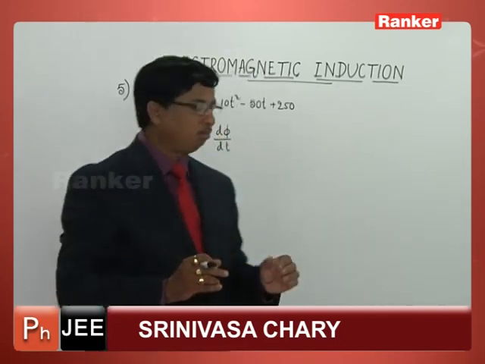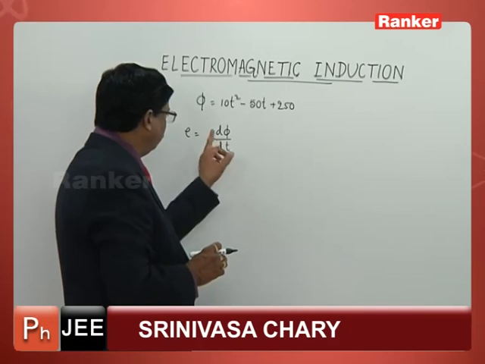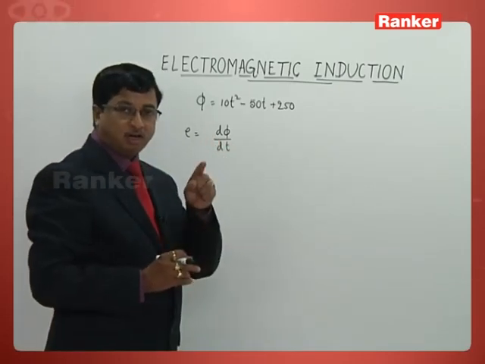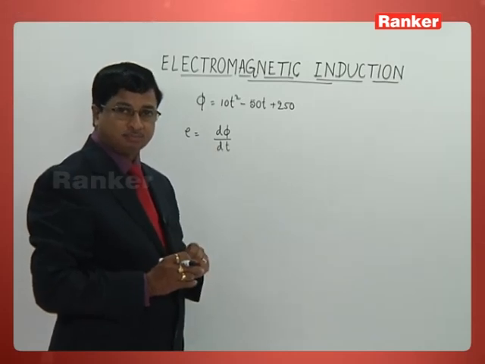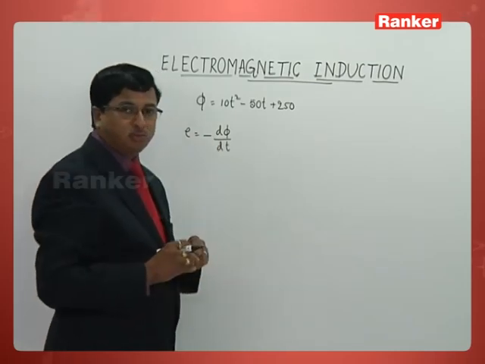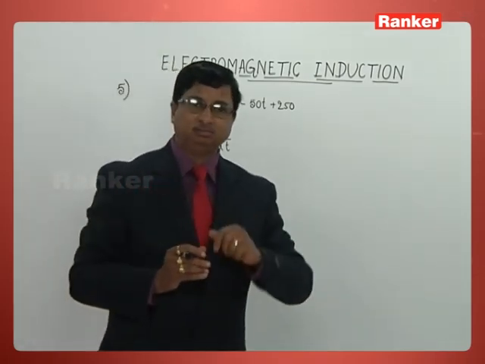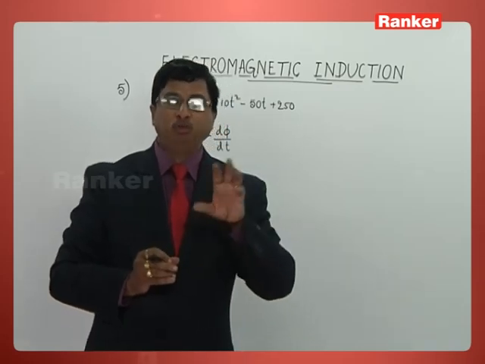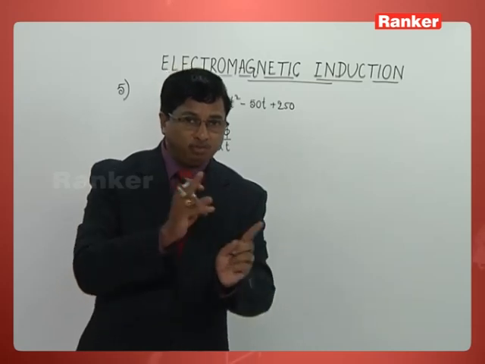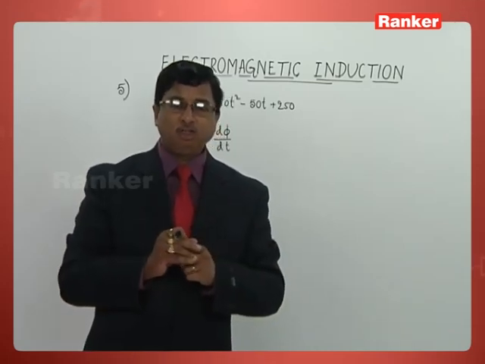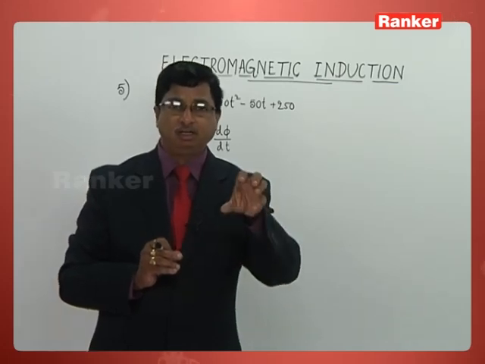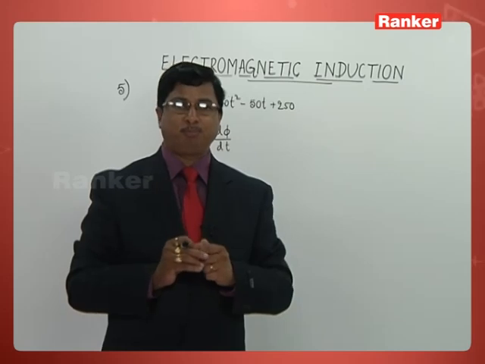But all of you should be very thorough with the other part of this equation. According to Lenz's law, the EMF should be opposite in direction to the real cause of it. The way in which the flux is changing, quite opposite to its direction, you will find the EMF generated in the form of induced EMF there.